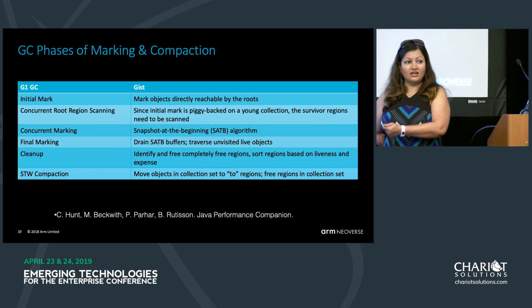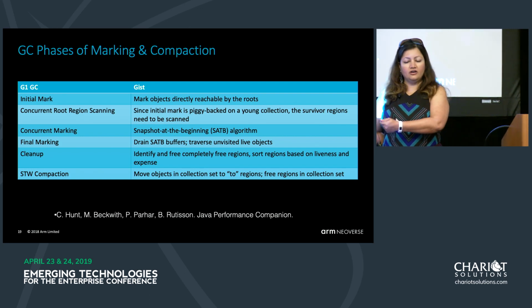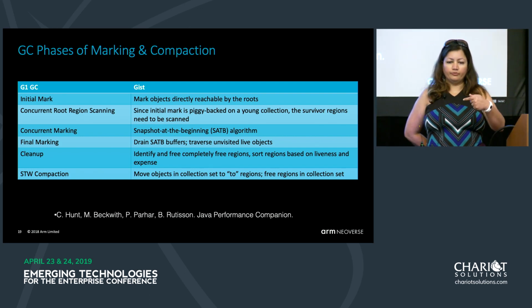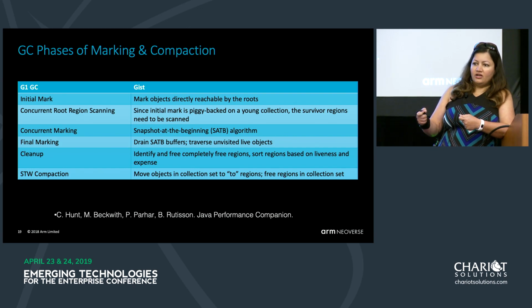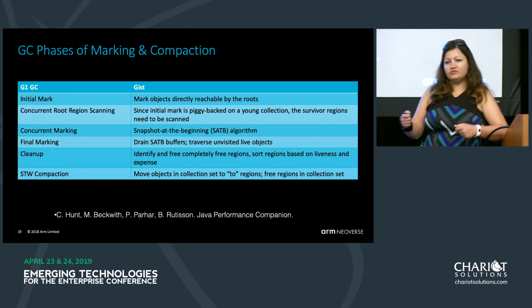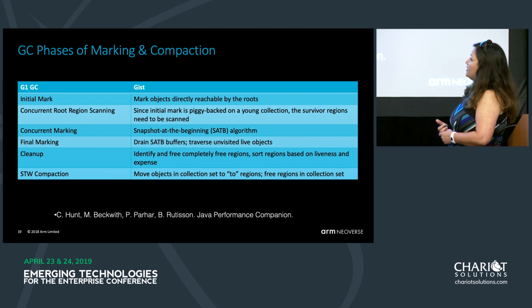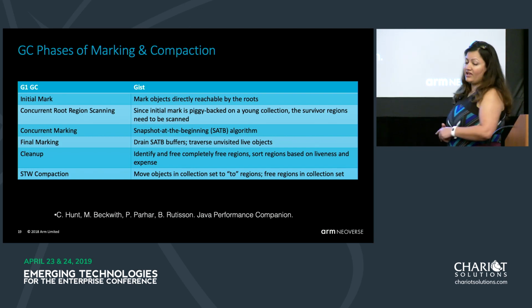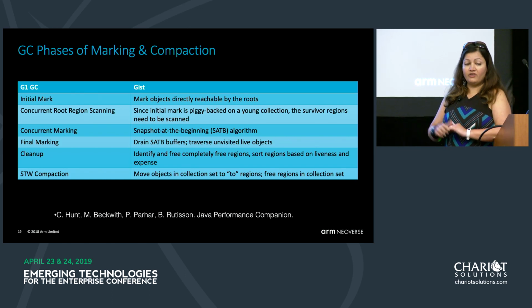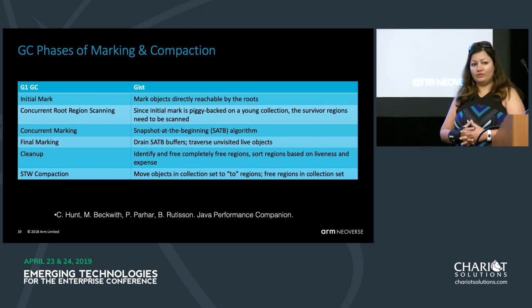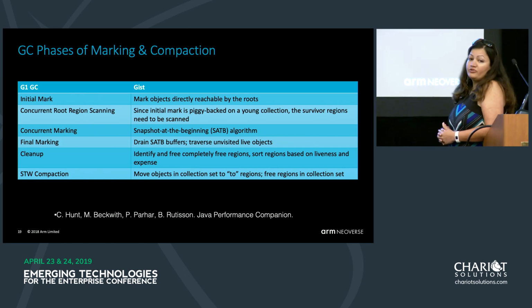Now those objects are live, and you just did an initial mark from the root regions. The survivor regions were not accounted for. So that's why you need another concurrent root region scanning phase, where you take these survivor objects as your root objects. So that's why it's called root region scanning.